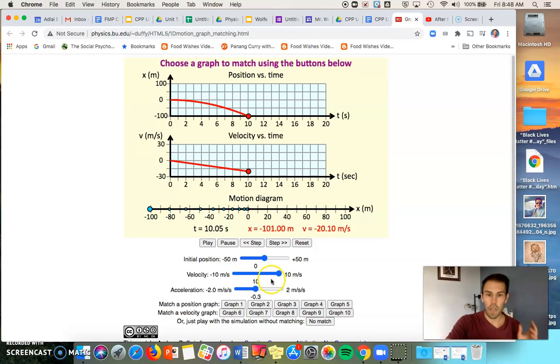So my object's initially going to the right, and if I want it to slow down, we'll learn about this later, but your acceleration and velocity should be going in opposite directions. So then I'm going to press reset, and I'm going to press play, and I'm going to pause it right there, just for the purposes of this video. It's a little bit tough to see, but our slope is decreasing, which means I'm decreasing speed.